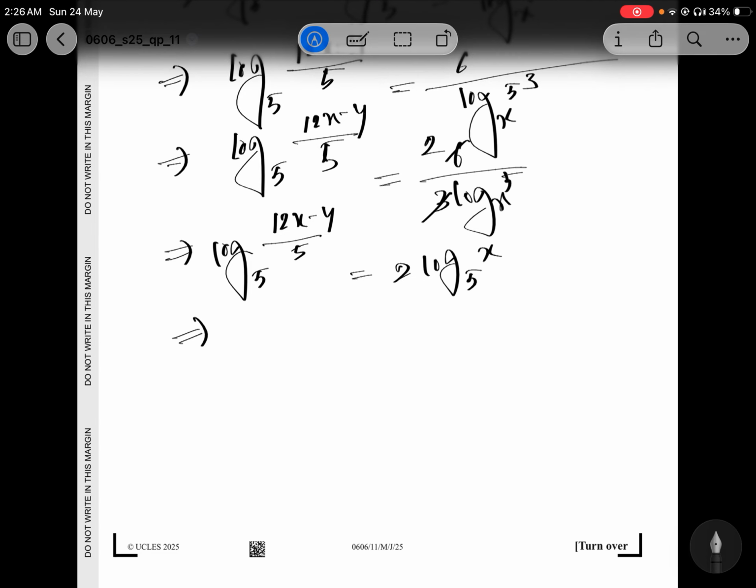Okay. Log 5 base 12x minus 4 over 5 is here log 5 base x square.